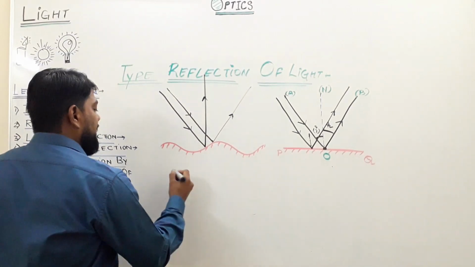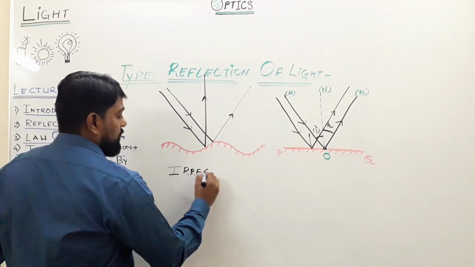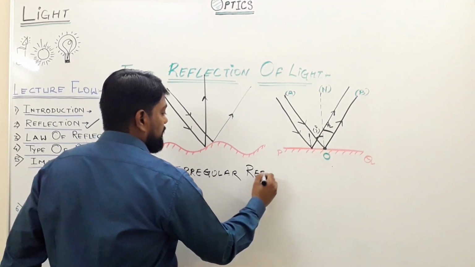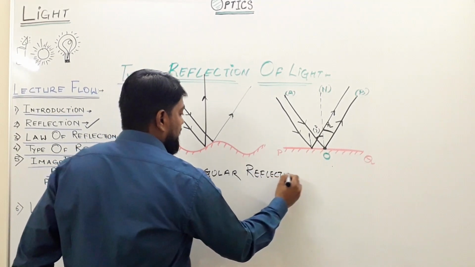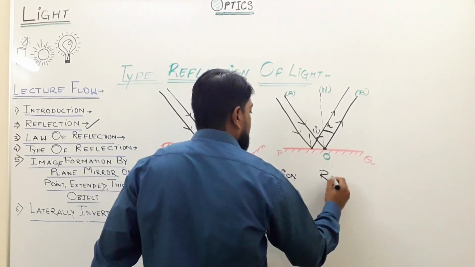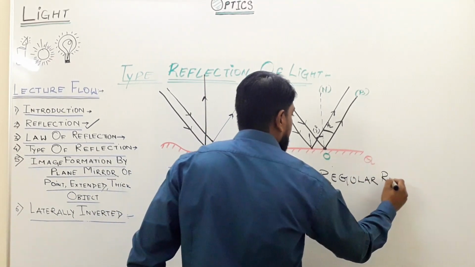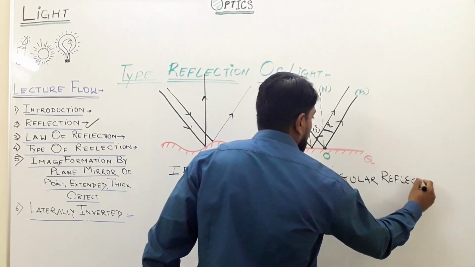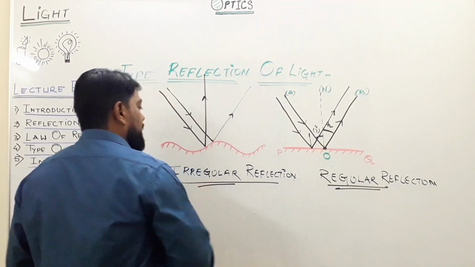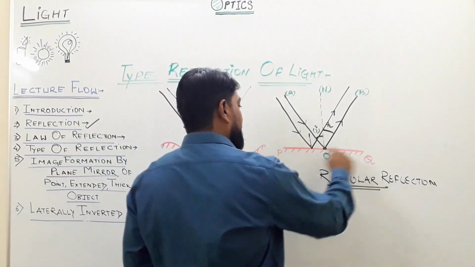This one we call irregular reflection, and this one we call regular reflection, because irregular reflection takes place on an irregular surface, and regular reflection takes place on a regular surface.